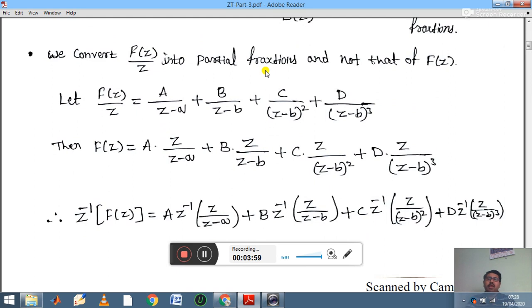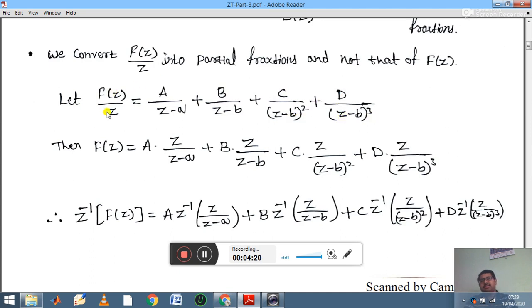While finding the inverse Z transform of any given function, let us proceed in the same way. Let F of z by z be equal to a by z minus a plus b by z minus b plus c by z minus b whole square plus d by z minus b whole cube.